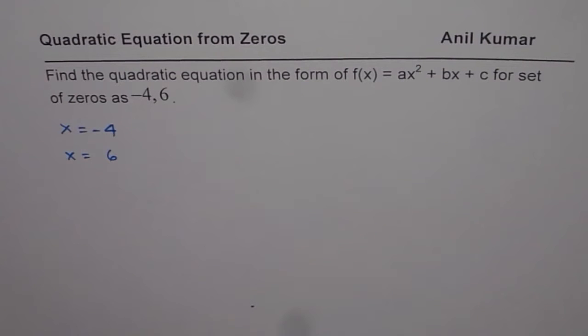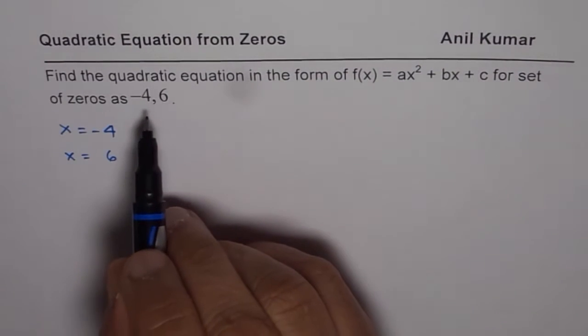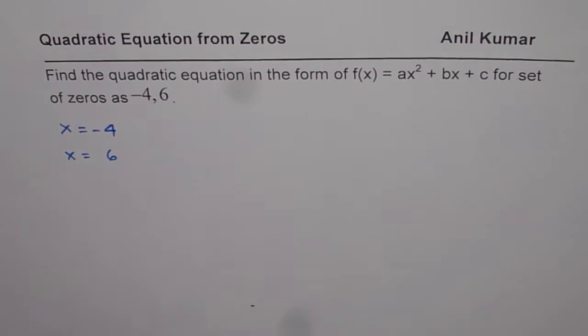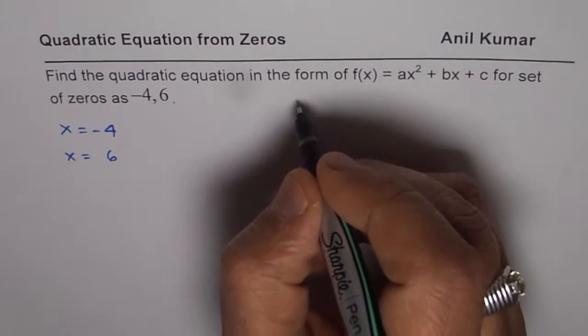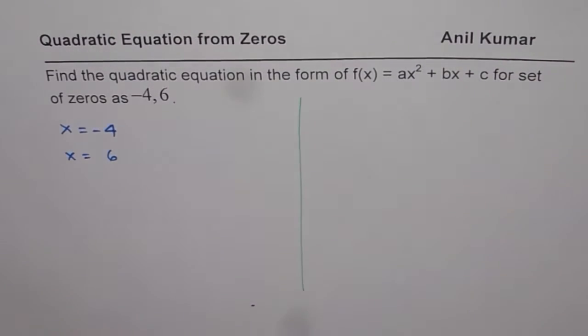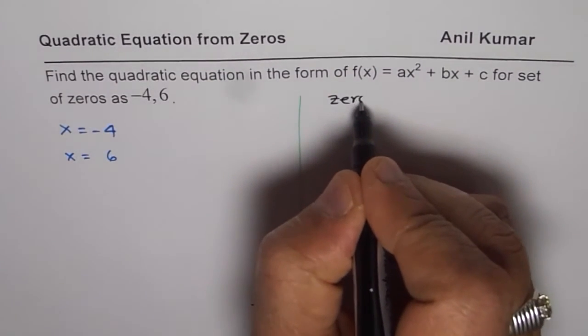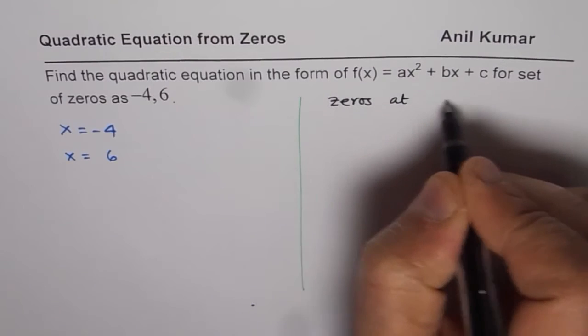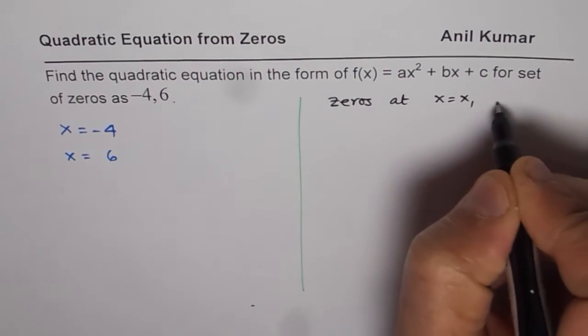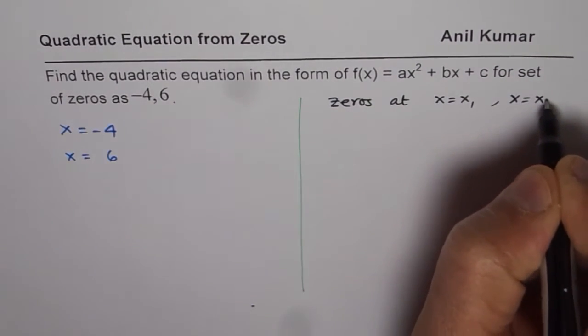In general, let us discuss how to solve when any two zeros are given. So I'll provide you with a very general solution first, and then we will take up this particular example, right? So in general, let us say that we have zeros at x equals x1 and at x equals x2.